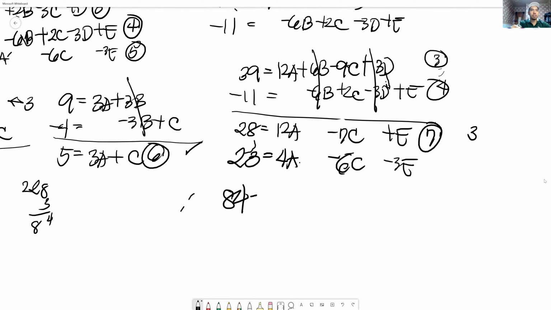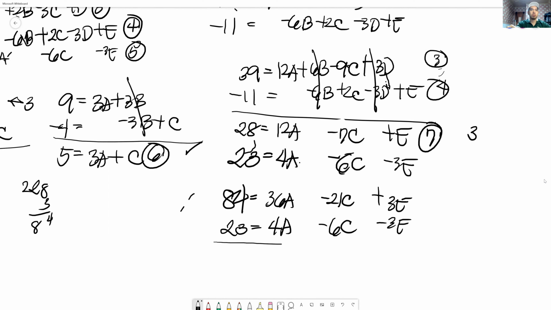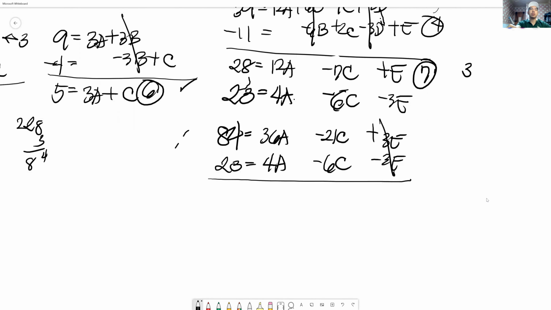So 84 is equal to 12 times 3, so that is 36A minus 21C plus 3E. Okay. And then equation number 5 remains as is. So 3E and 3E will be canceled out by addition. So this would be 107 equal to 36 plus 4, so 40A minus 27C. And this would be our 8th equation.